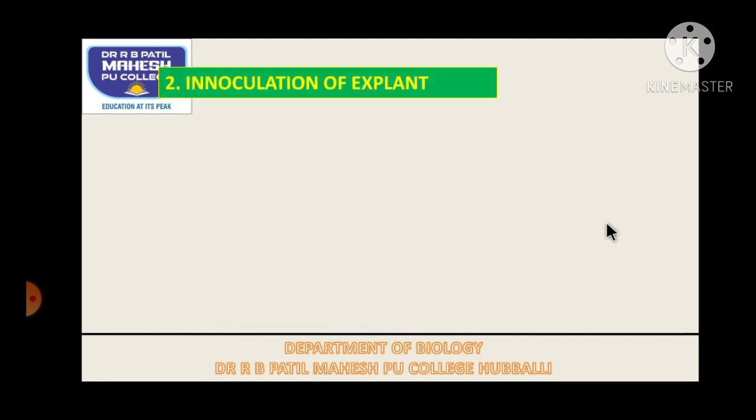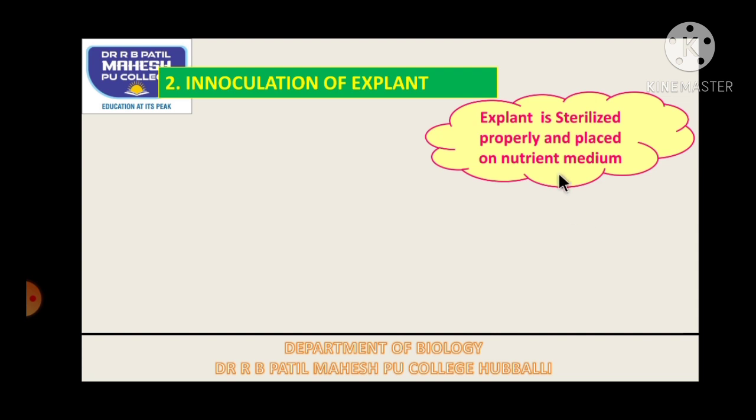So that is the first step, called sterilization. Coming to the second step, which is inoculation of the explant. What is inoculation? The sterilized explant has to be transferred into the nutrient medium. That process of transferring the explant into the nutrient medium is called inoculation. Let's read: the explant is sterilized properly and placed on the nutrient medium.